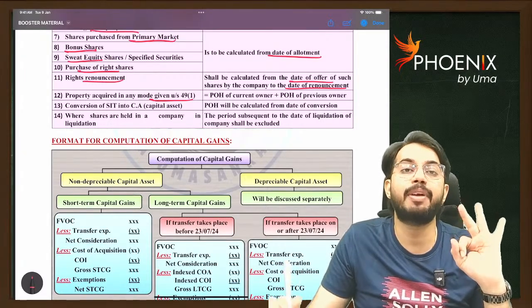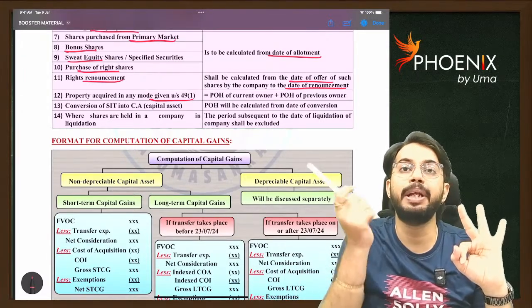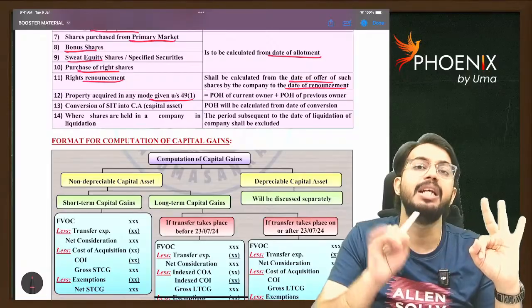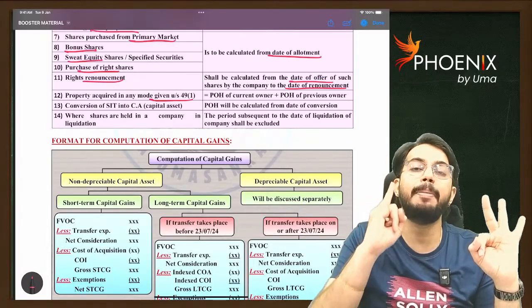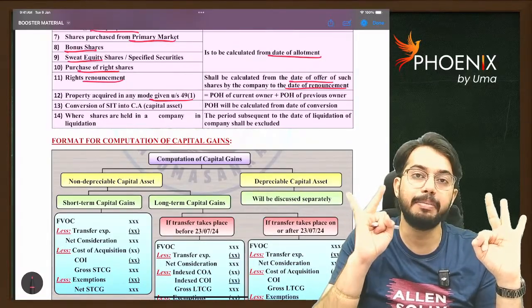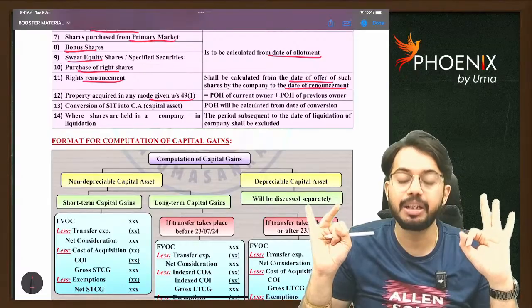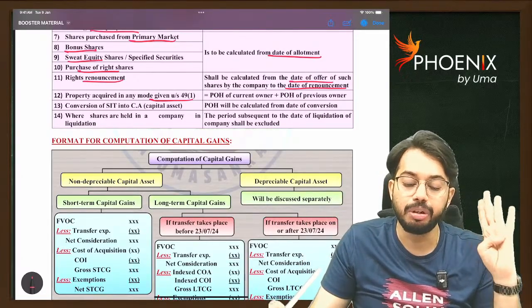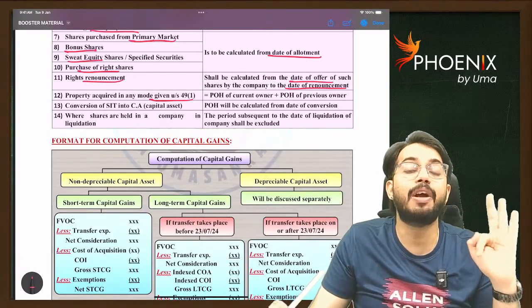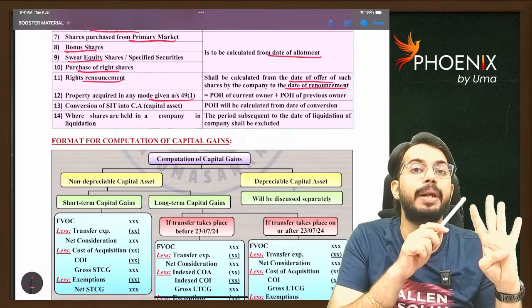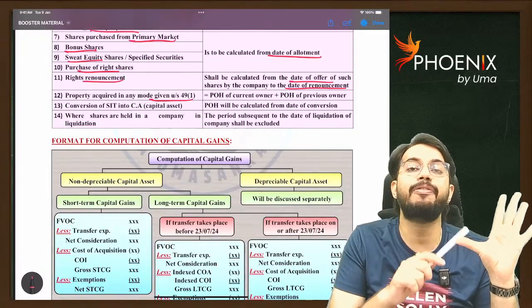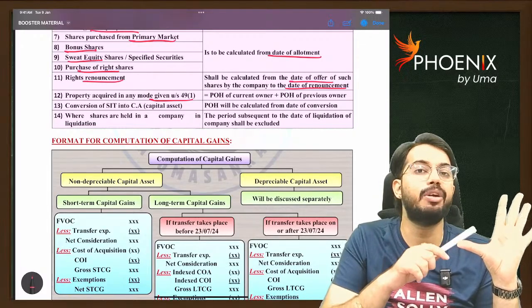Transfer of capital assets from holding company to subsidiary company or subsidiary company to holding company, subject to two conditions: 100% subsidiary, recipient company must be an Indian company. Next, conversion of capital asset into stock-in-trade, transfer of capital assets from amalgamating company to amalgamated company, transfer of capital assets from demerged company to resulting company.